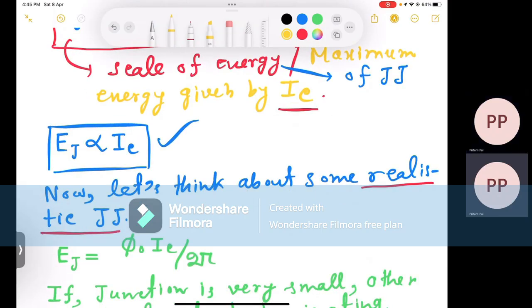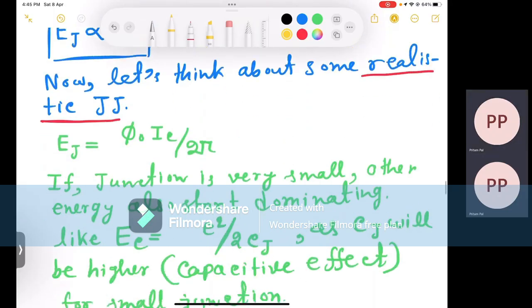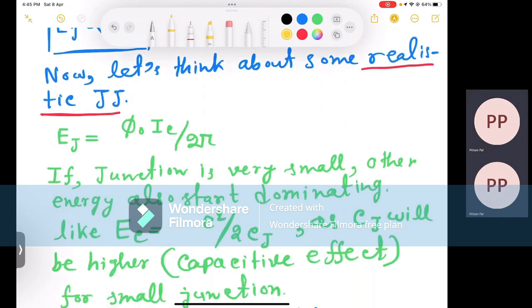Okay. Now let's think about a realistic Josephson junction. So this is the Josephson energy. So far so good. And now, the thing is we cannot have an ideal Josephson junction in reality.